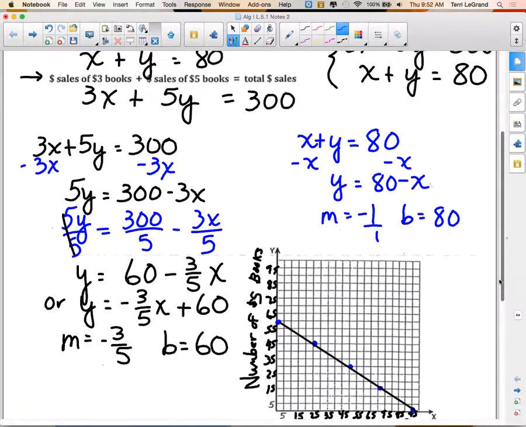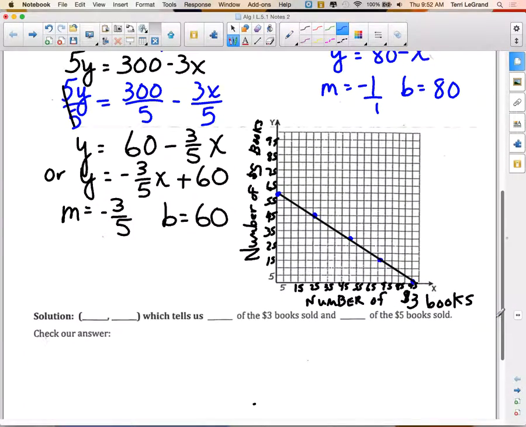So now we will go and put our first point at 80, not 60. When we go down 1, what are we really going down? 5 books. When we go over 1, what are we really going? 5 books. So is 5 over 5 still 1? Yeah, so we can still get away with that.